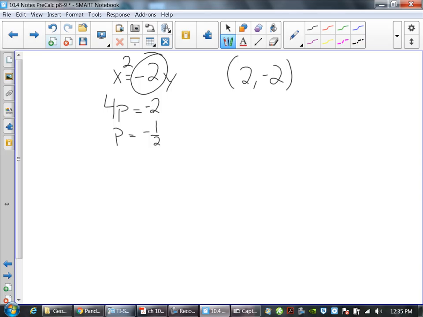What direction is this going? Up or down? Down. X squared, so it's opening downward, negative. It's got the center at the origin, so our vertex is at the origin. Our focus is at -1/2. We want to go through the point (2, -2).